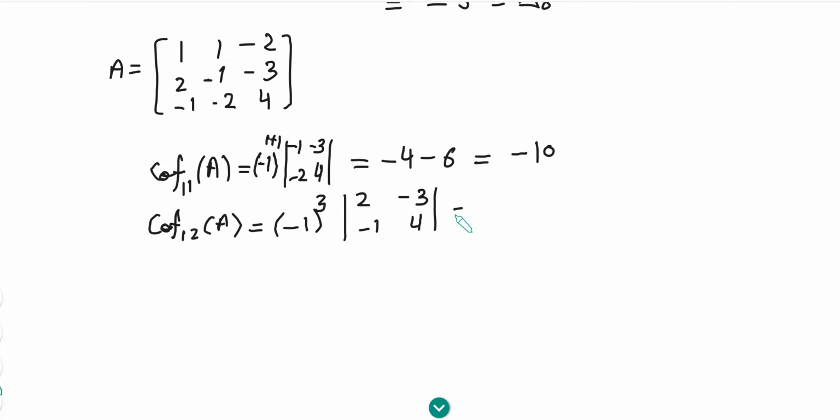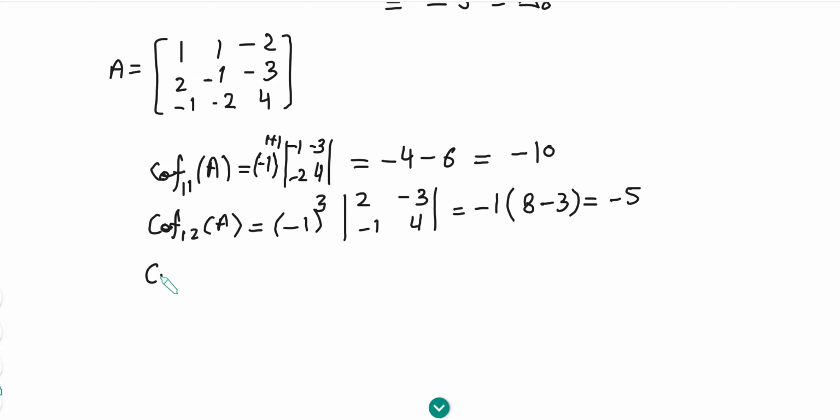Now we have negative 1 outside. 4 times 2 is 8, then minus 3 times negative 1 is a positive 3, which is going over here. Now 8 minus 3 is 5. 5 times negative 1 is negative 5.